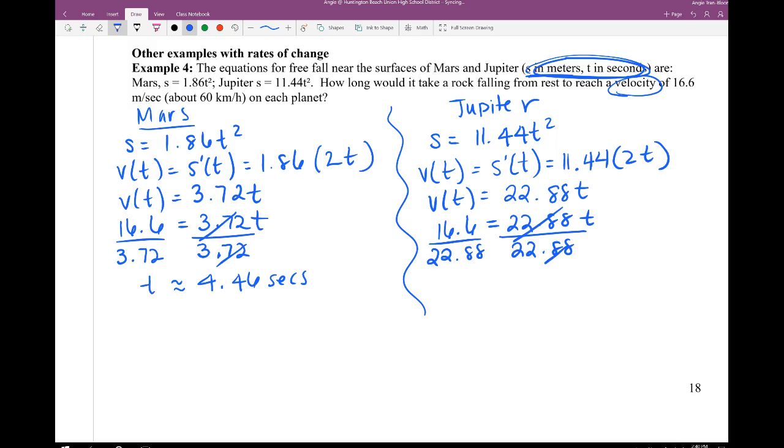Okay, punch it in. T is about, what? Is it now exact or is it still an approximation? Did you get the answer? All right, so it's about 0.73, right?